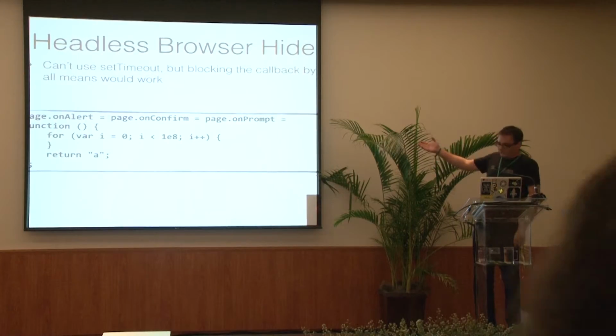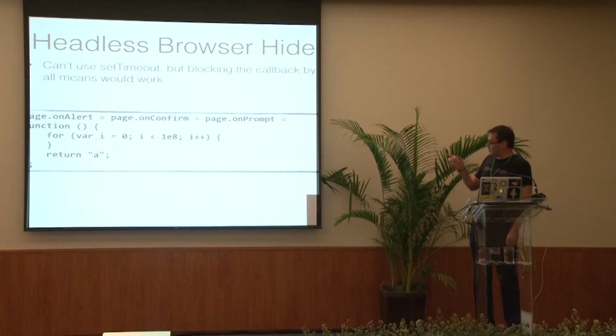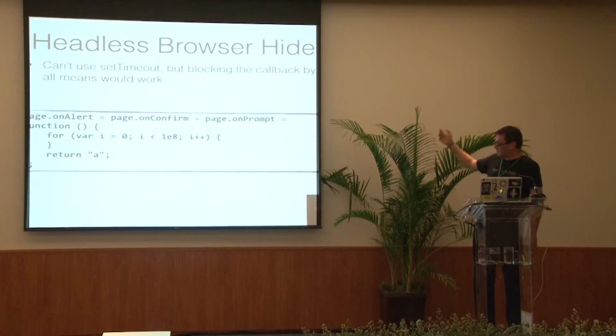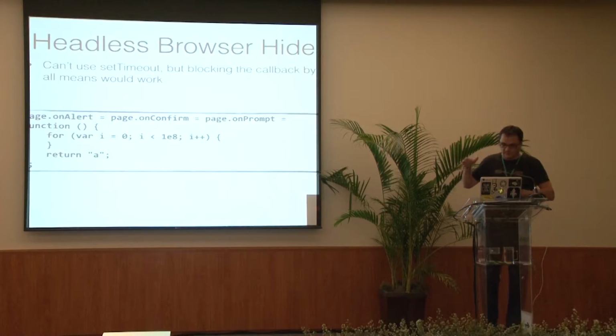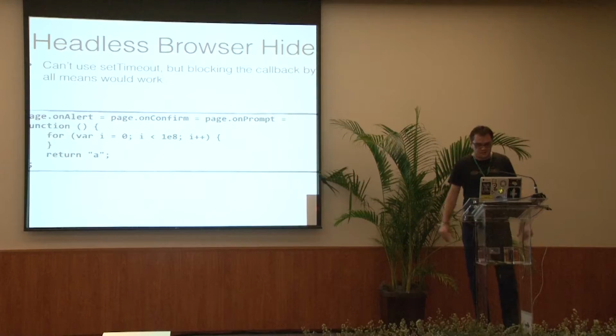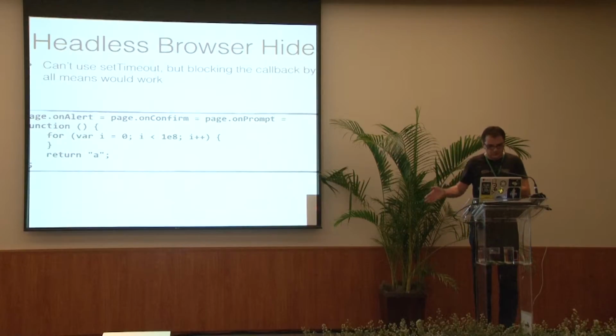An easy way to introduce some kind of delay is just to put some busy loop in the handling function of PhantomJS. So putting some dummy cycle there would work. Of course, it will block your entire thread, but it will fake some kind of real user experience.